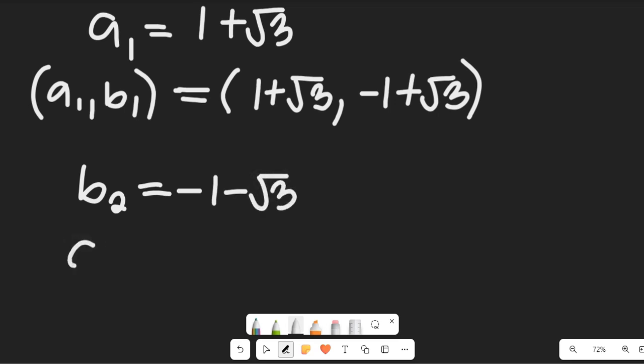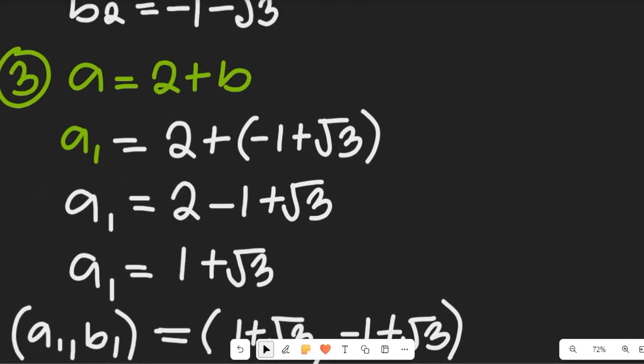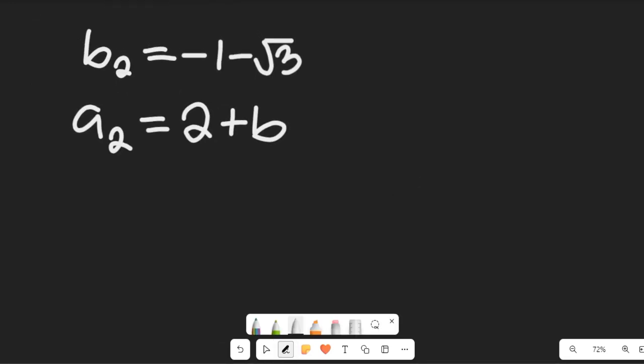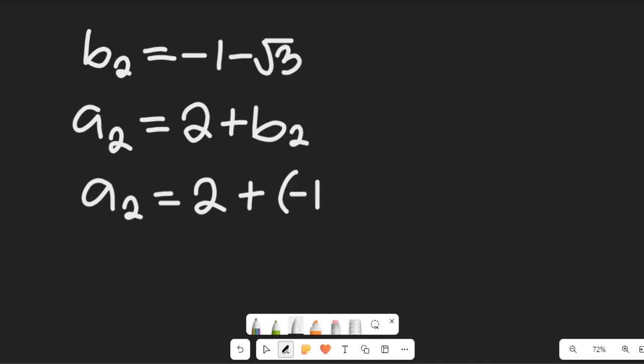So the value of our a2 will be equal to, remember, that is going to be 2 plus b according to equation 3. So if we substitute b into that expression, that b will become b2. So our a2 will be equal to 2 plus negative 1 minus root 3.